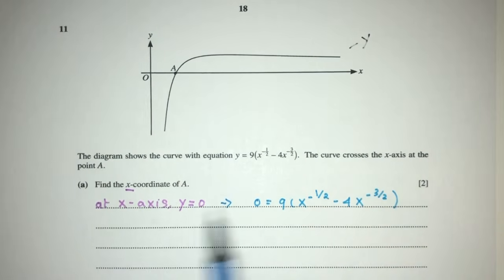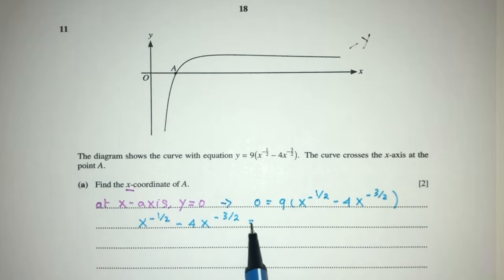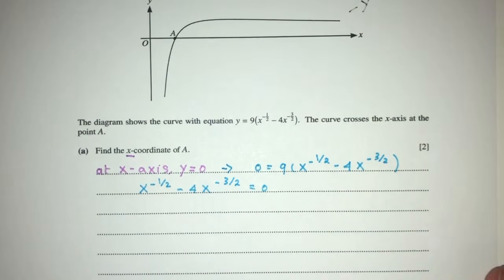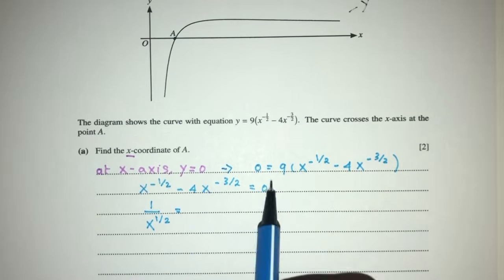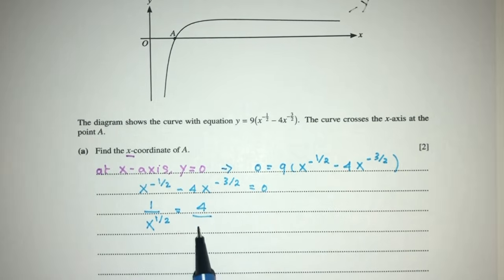From this we realize we can divide by 9 everywhere. You will have x to the half minus 4 over 2 equal to 0.